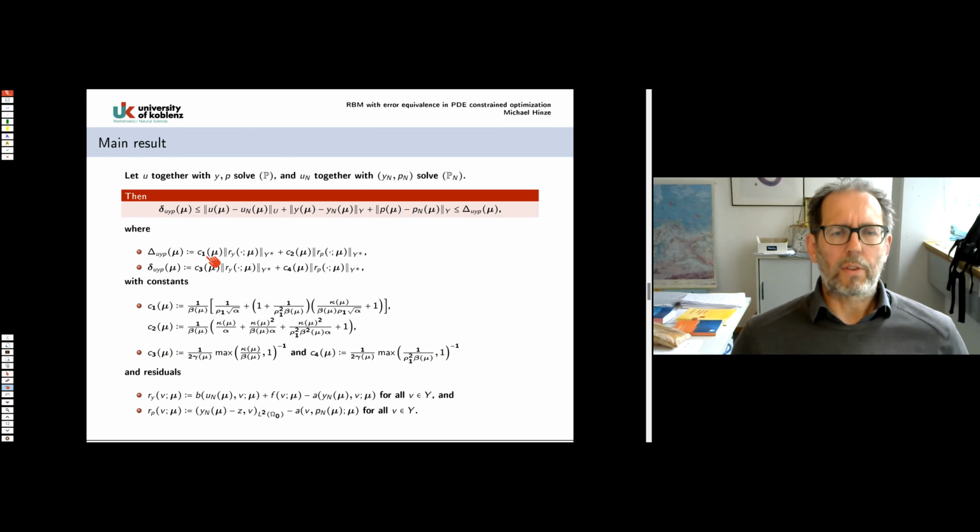Okay, and those constants, C1, C2, C3, and C4, are now determined in terms of the constants which we defined at the very beginning. If you assume that we have coercivity beta of the bilinear form, continuity of the bilinear form with some gamma, then continuity of the right-hand side with kappa and things like that.